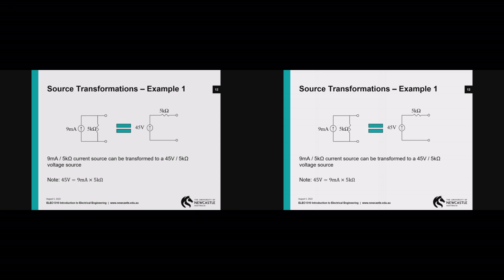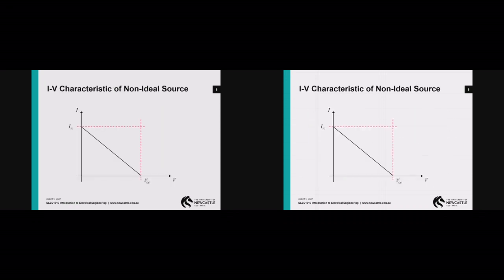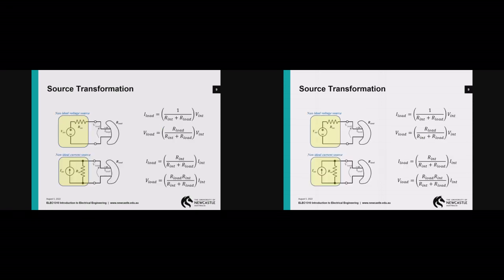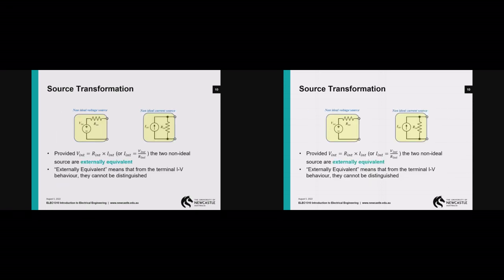If I look at their characteristic, both of those circuits will have that sort of characteristic. Both sides are the same. They are behaving the same.